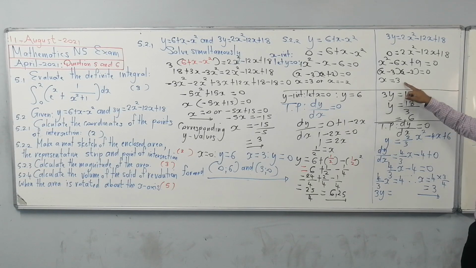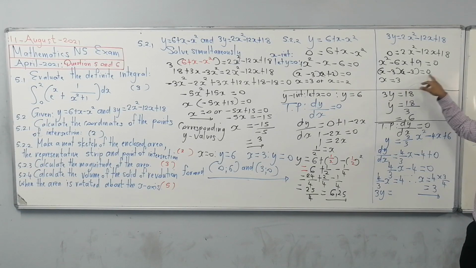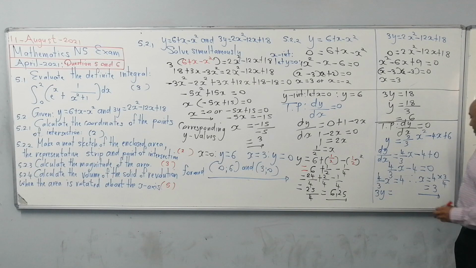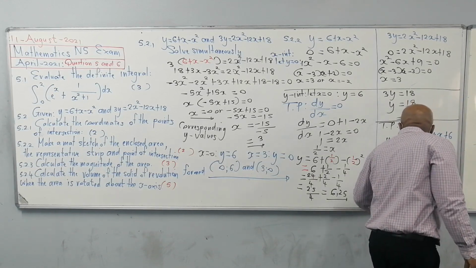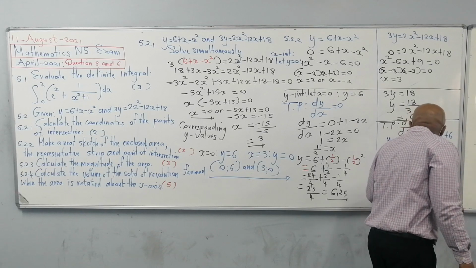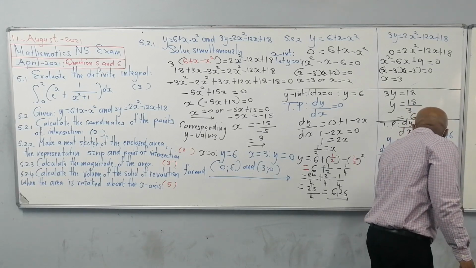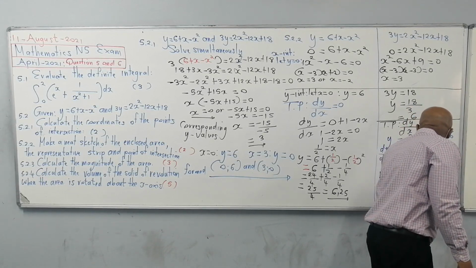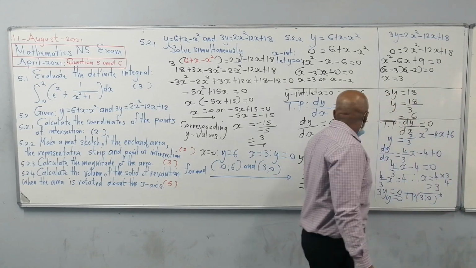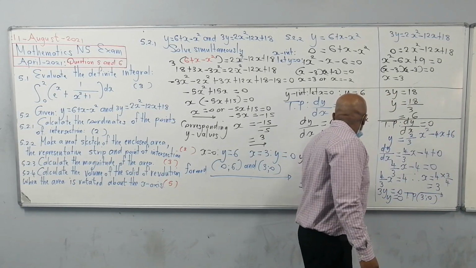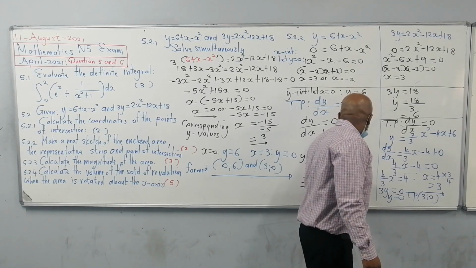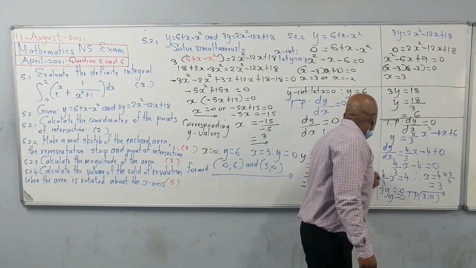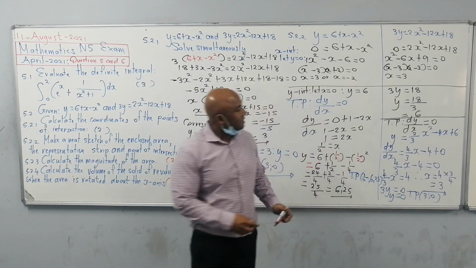When we did it here, remember that, when x is equal to 3, y is equal to 0. So then 3y is equal to 0, y is equal to 0. So I got my turning point there, which is (3, 0). Here, my turning point is (1 over 2, 6.25).